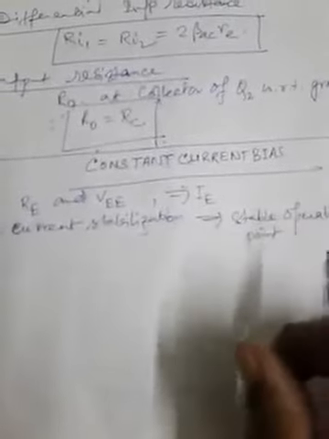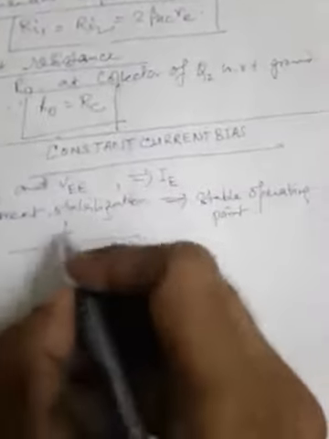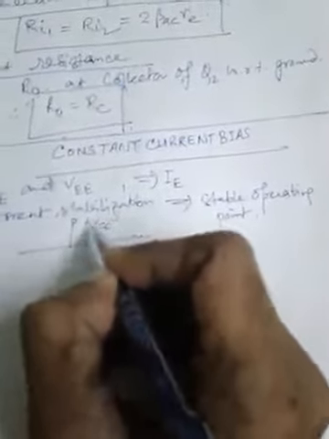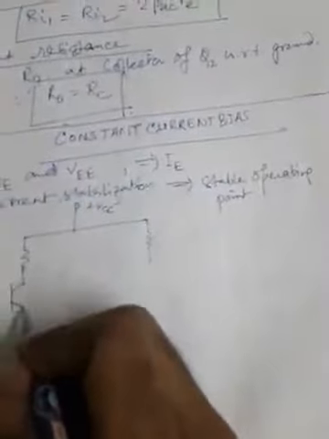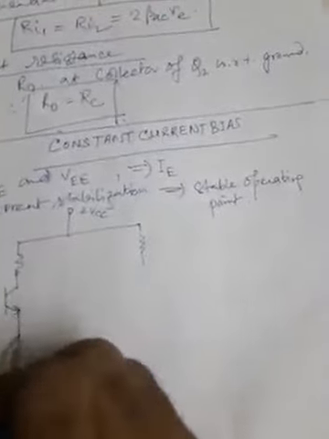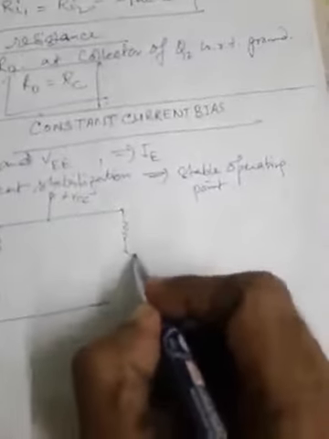Now let us consider once again the dual input balanced output differential amplifier, on which this constant current bias idea will be implemented.